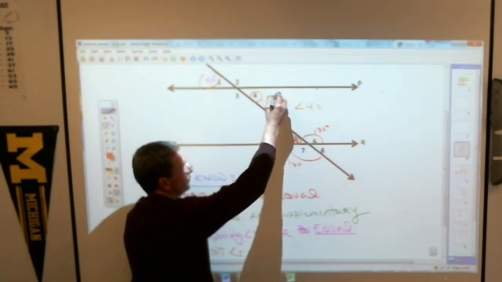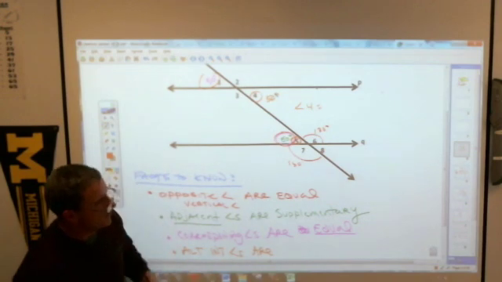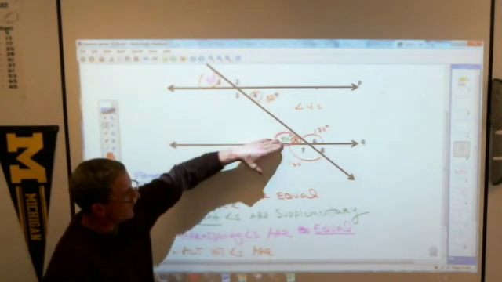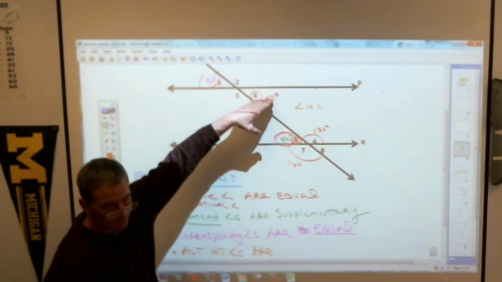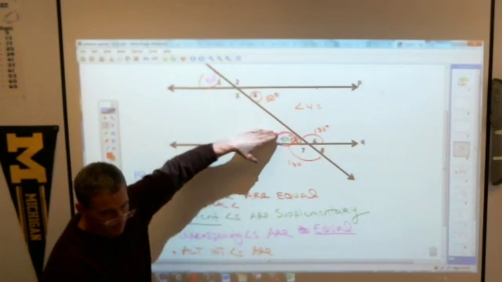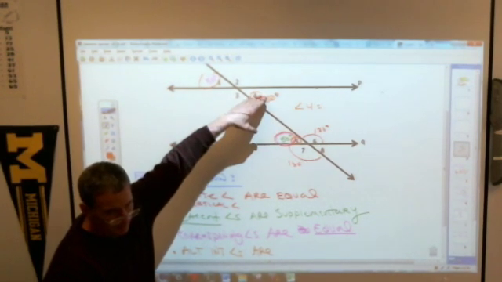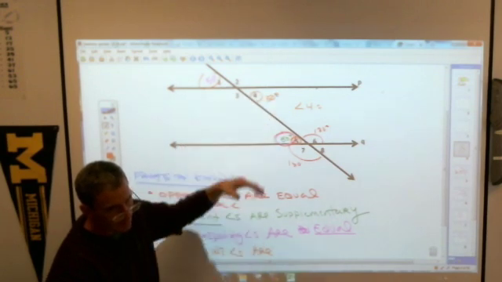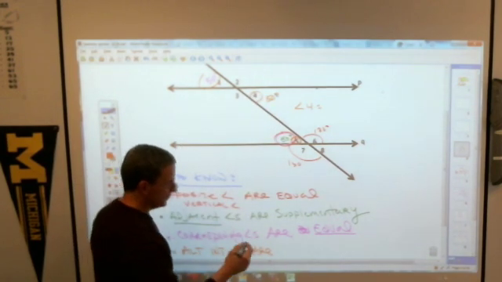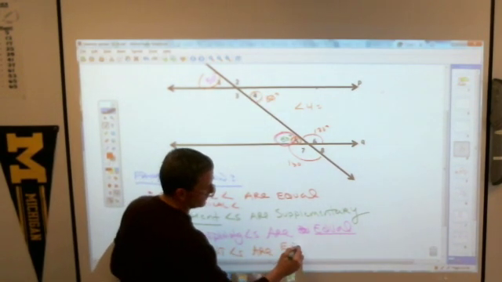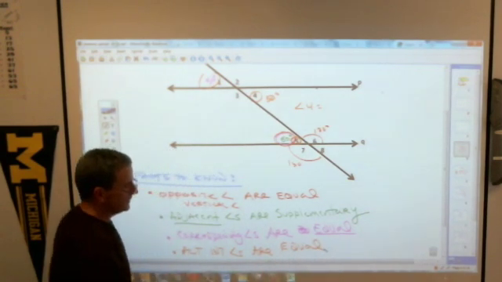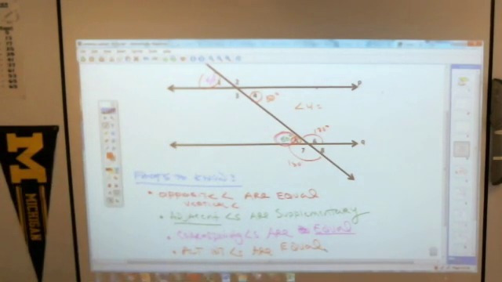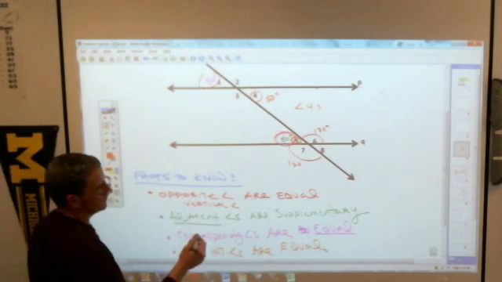Now, let me rephrase my question. Alternate interior angles are equal. If they fall on opposite sides, they're equal.